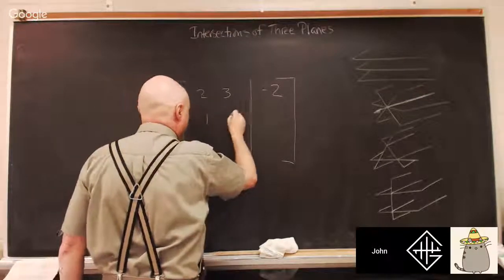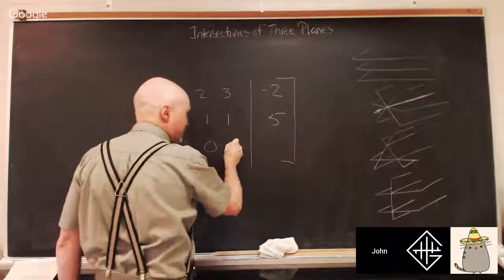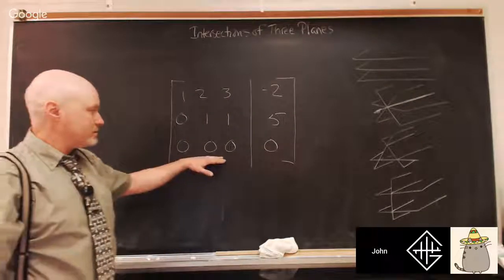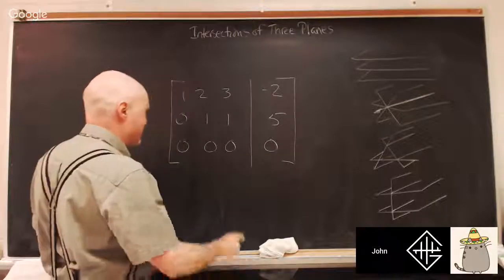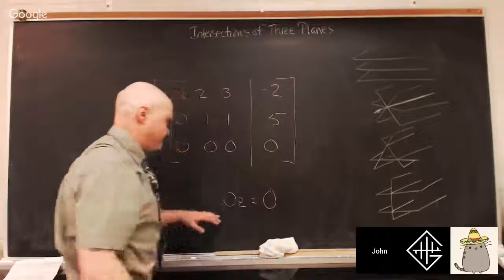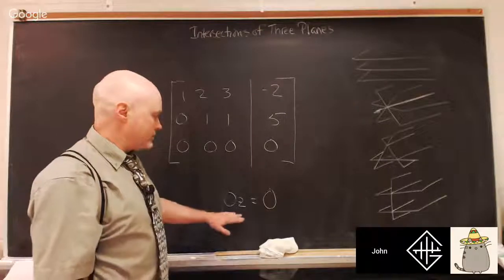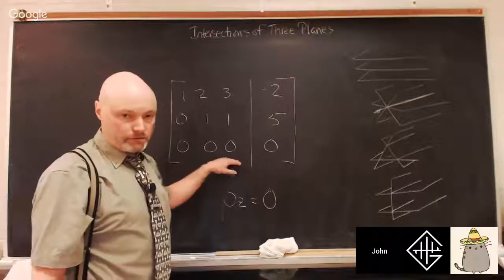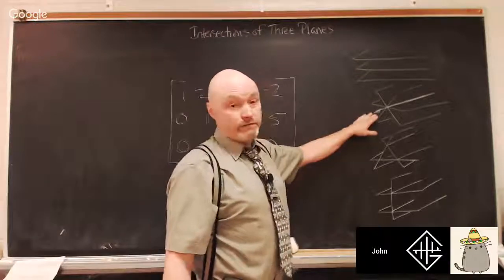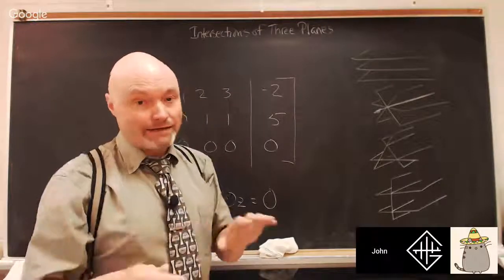Yeah, let's do 1, 1, 5. And then we get to our bottom line, and we've done this reduction, and we get 0, 0, 0 equals 0. This is the situation where we've got 0z equals 0. Is it true? Yeah, true all the time. 0x plus 0y plus 0z equals 0. Absolutely, it's true. So in this case, we have a solution, but the solution is not a single point. The solution in this case is actually a line.